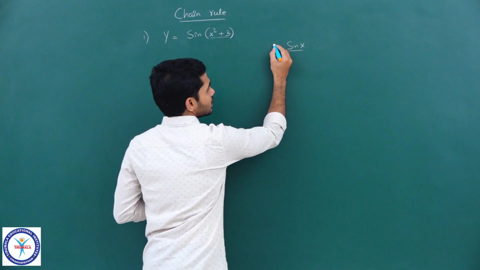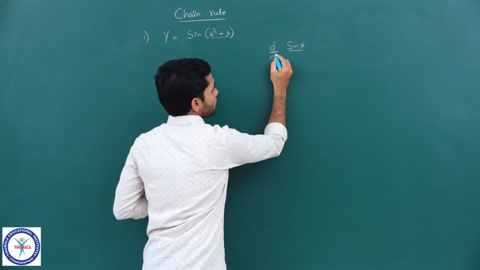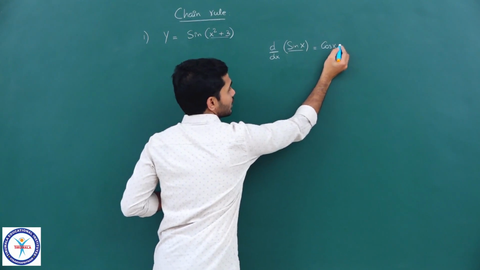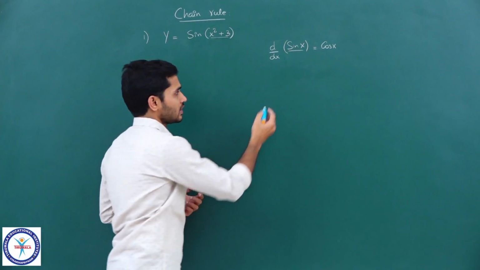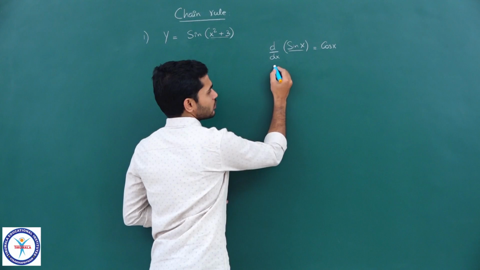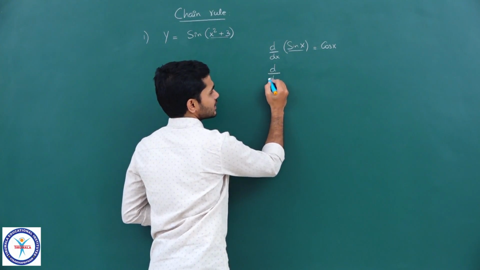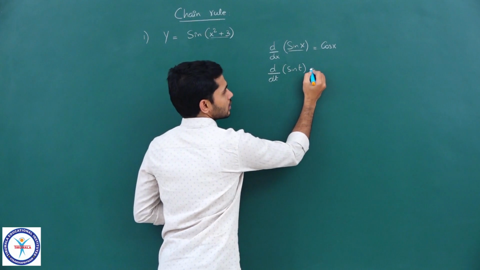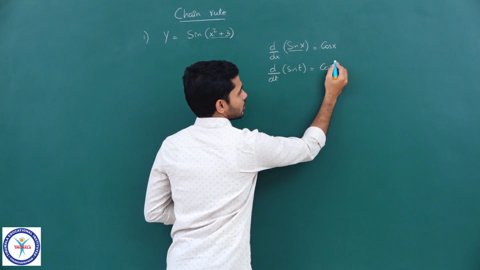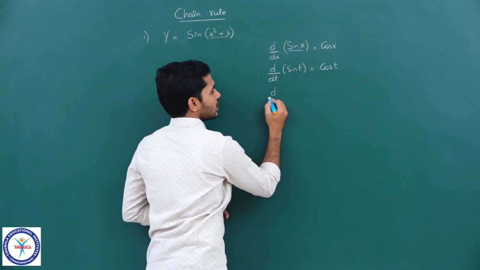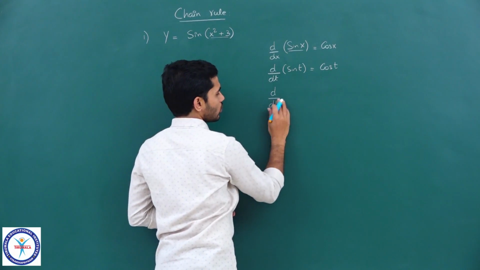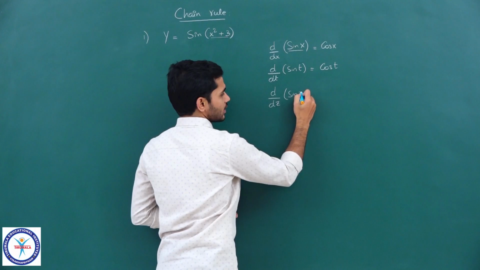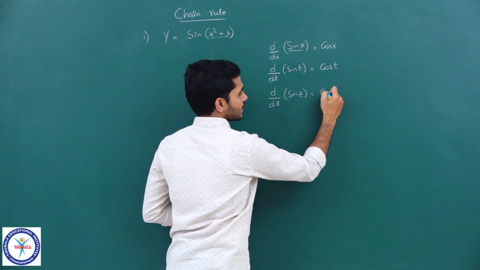We know that d by dx of sin x is cos x, and we have discussed also that instead of this being x, it could be any other variable. If I write it as d by dt of sin t, that would be cos t, or d by dz of sin z, we can understand it as cos z.